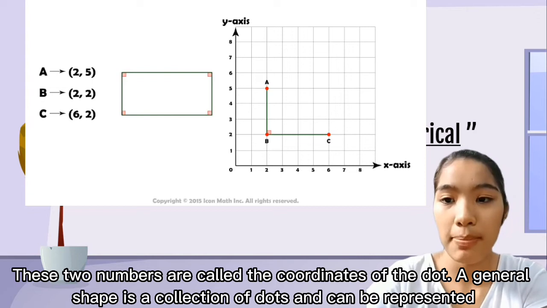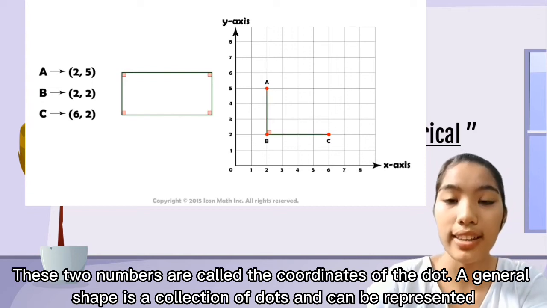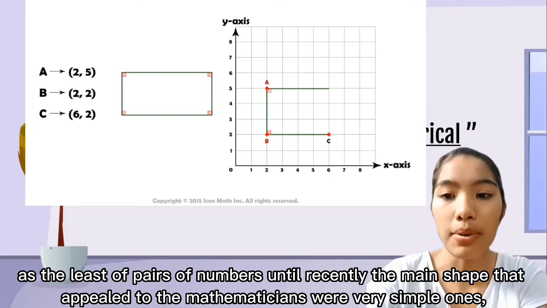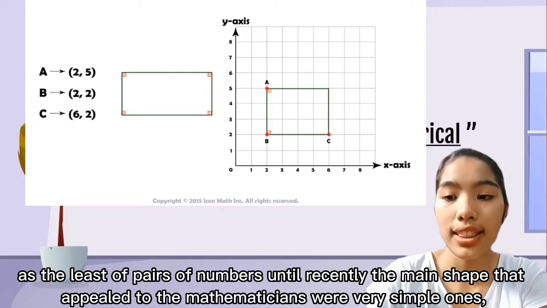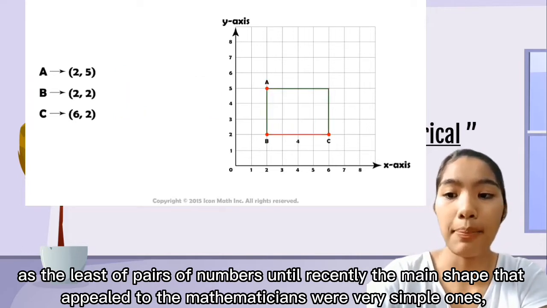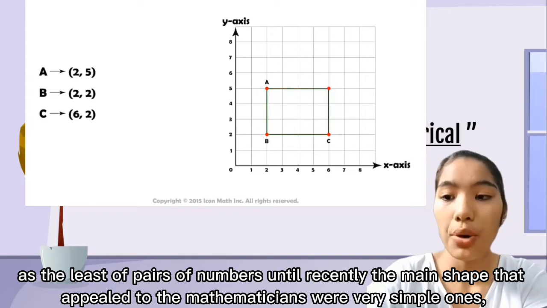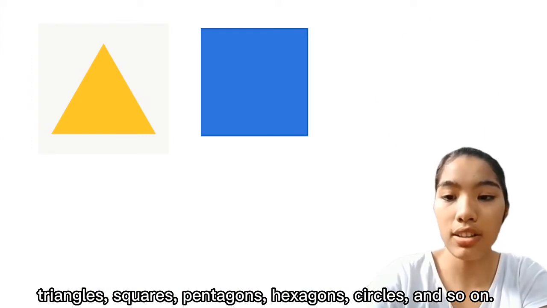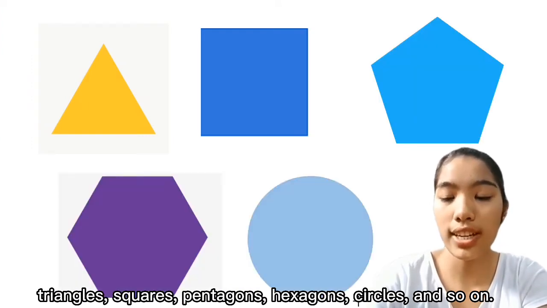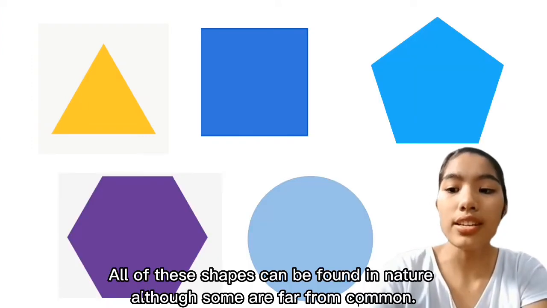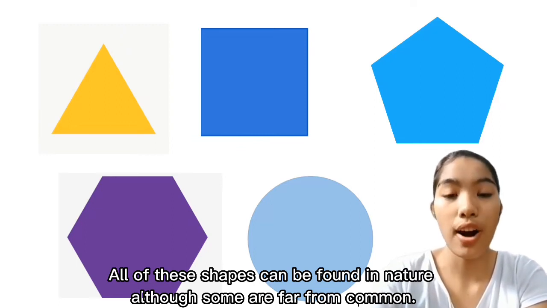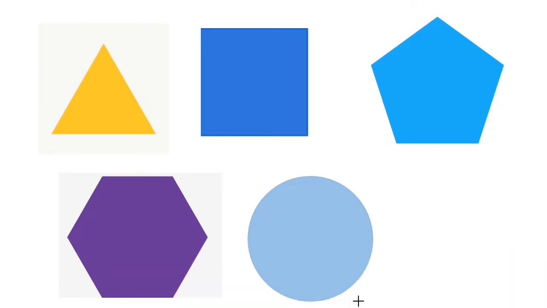A general shape is a collection of dots and can be represented as a list of pairs of numbers. Until recently, the main shapes that appealed to mathematicians were very simple ones: triangles, squares, pentagons, hexagons, circles, and so on. All of these shapes can be found in nature, although some are far from common.